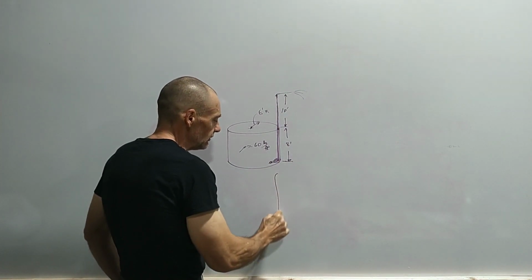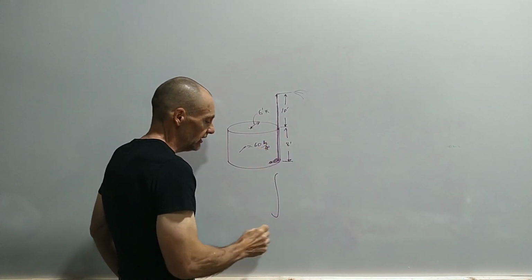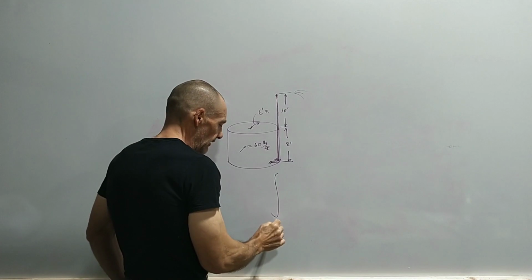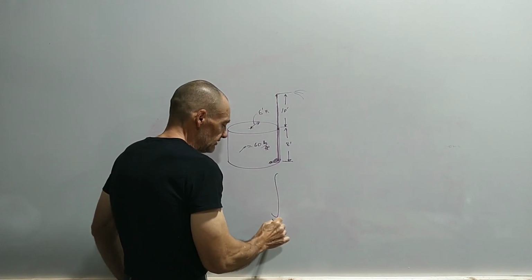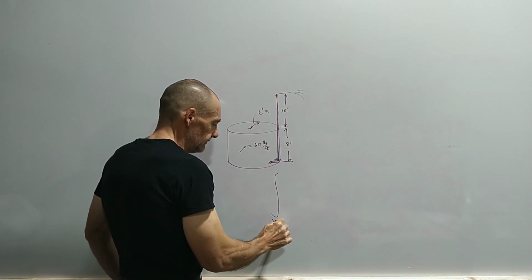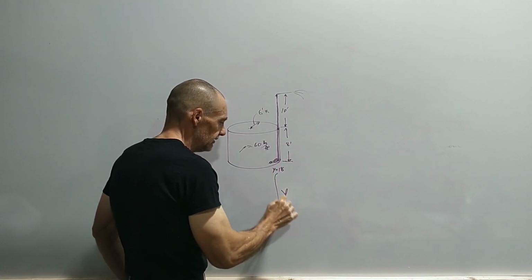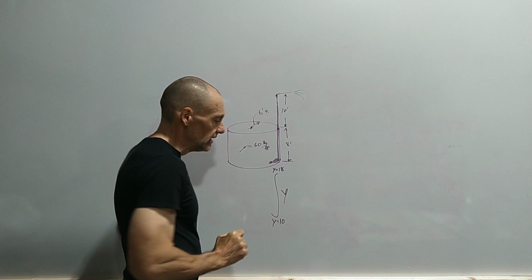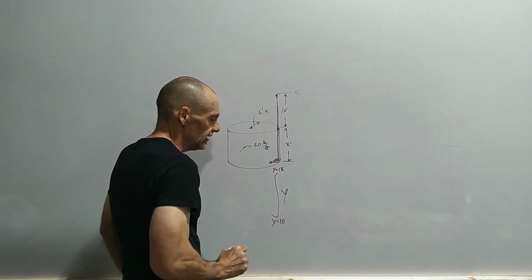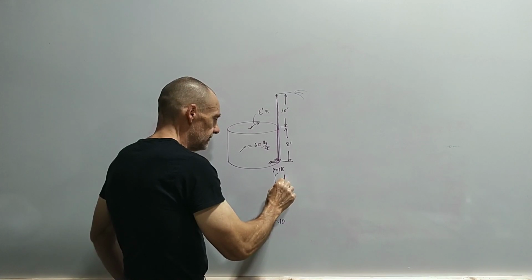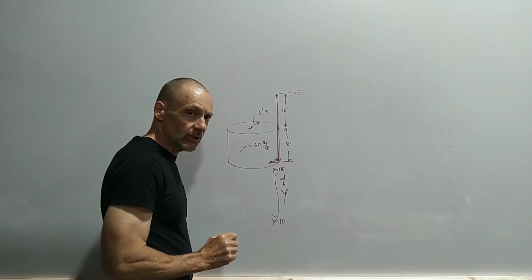So the distance that we're going to move our fluid, since it's vertical, everybody wants to call that y. So let's say that it's going to go from 10 to 18, and there it is, okay? So this is now the distance that I'm moving my fluid. That's what that represents, okay?